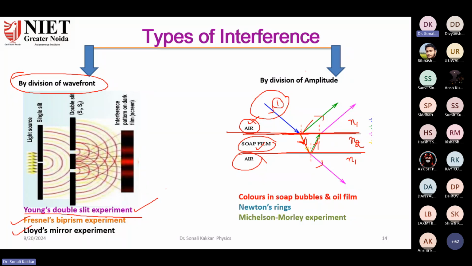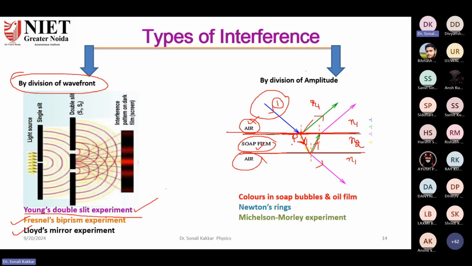At the interface at this point, let us denote this point by point P. At point P, this ray number 1 undergoes partial reflection and partial refraction. The partially refracted ray, let us denote it by R1.